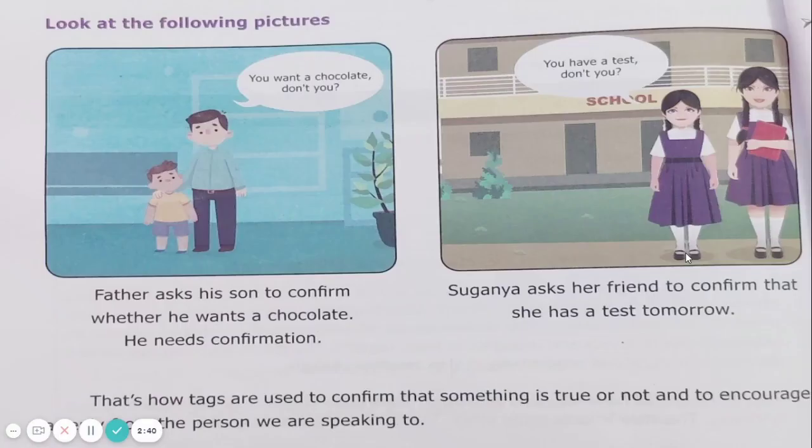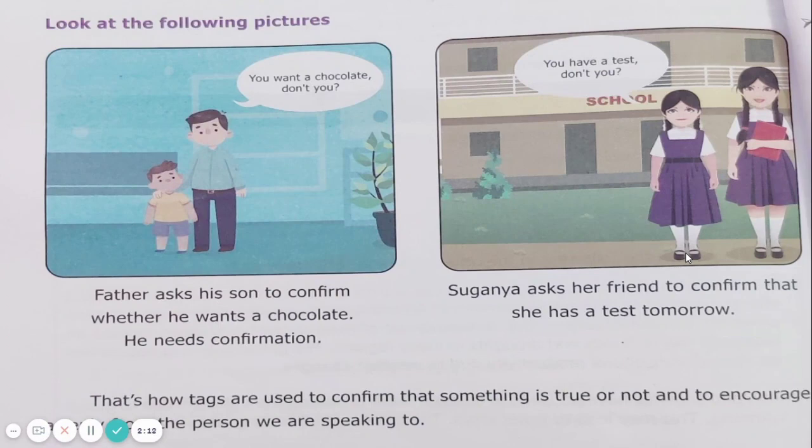In the textbook, you can see page number 192. The textbook has clearly explained it with pictures, and for your better understanding, I have shown them in the slide. In the first picture, for example, the father is saying, "You want a chocolate, don't you?"